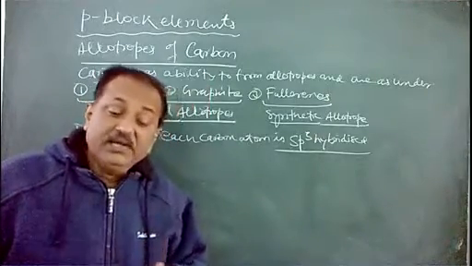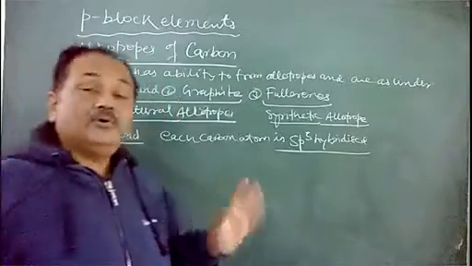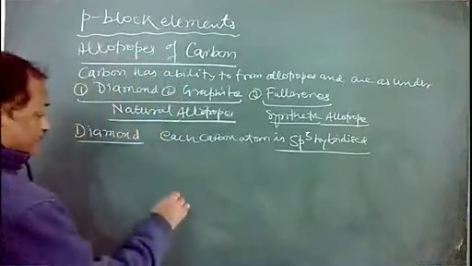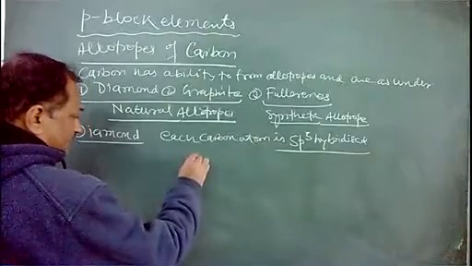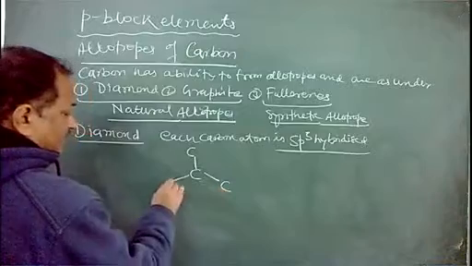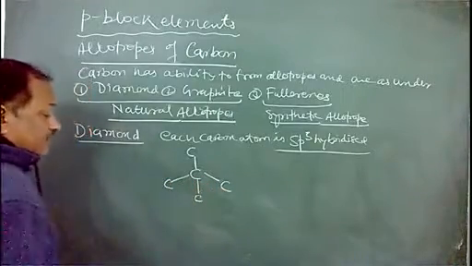One carbon is bonded to 4 nearby atoms. If you see one carbon, here there is one carbon, here there is one carbon, so 3. Now this fourth will be here.